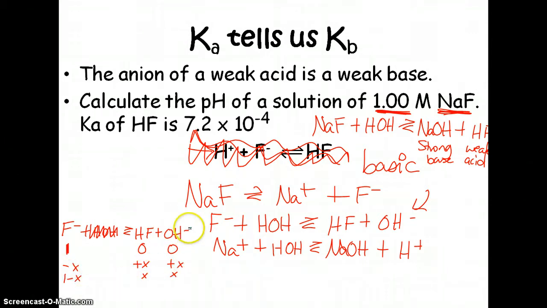Now this is in terms of hydroxide, so that's the Kb. We were given the Ka. So to find the Kb, we have to do Kw divided by our Ka. So we really have 1 times 10 to the negative 14th divided by 7.2 times 10 to the negative 4th.